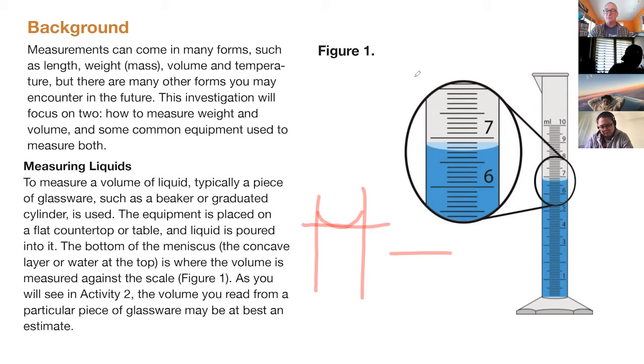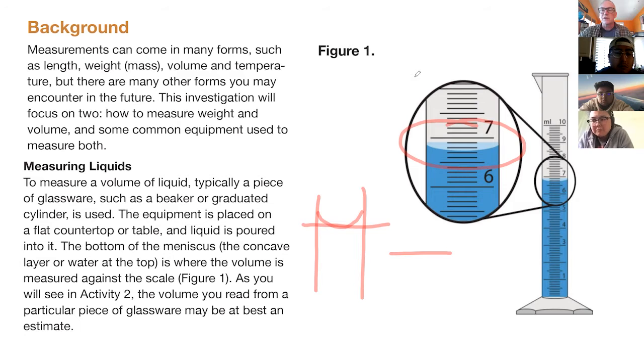So getting back to measurements, if we were to try and figure out what's the actual volume in here, what would people say is the actual volume represented by the blue liquid? Don't all yell at once. 6.75.